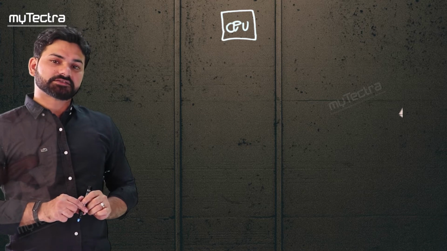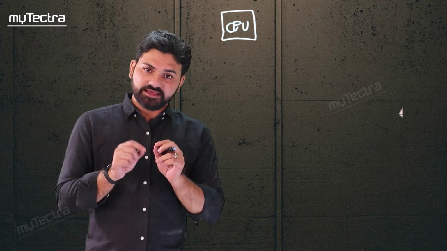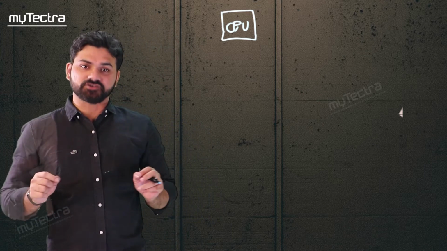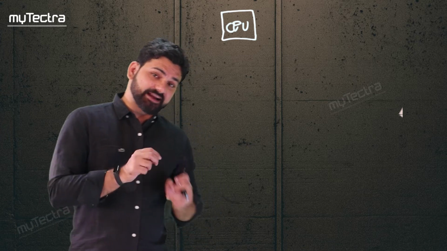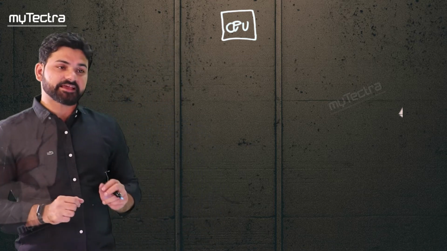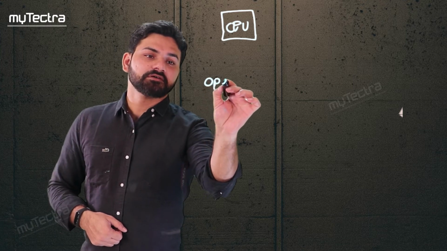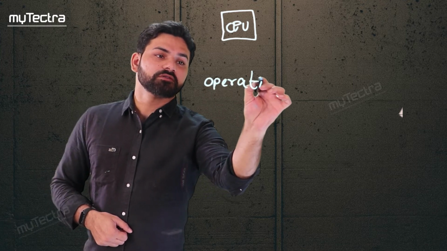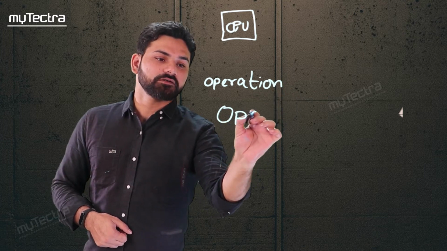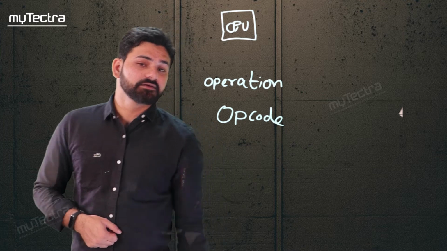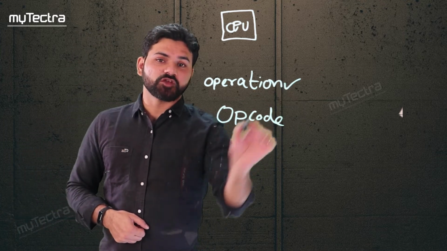What it does is it takes an instruction and executes the instruction. Without going too much into the detail of what that execute word means, we'd simply say we can give simple operations to the CPU. Let's call it opcode, and we give them data with which to use the operation.